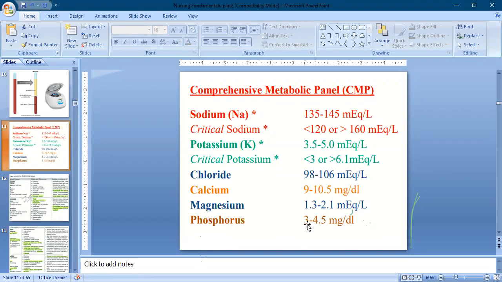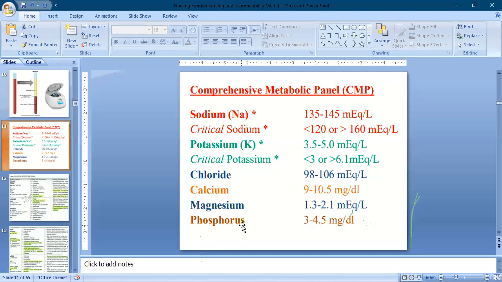On the other hand, if the patient has hyperparathyroidism, parathyroid hormone goes up, calcium level goes up, but phosphorus level goes down. Okay, so this is the normal range of phosphorus, 3 to 4.5.